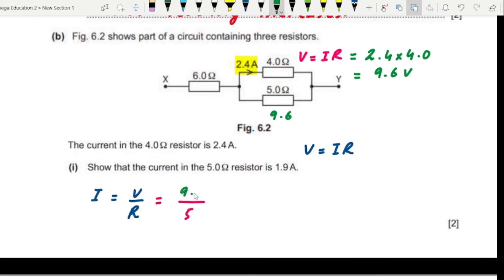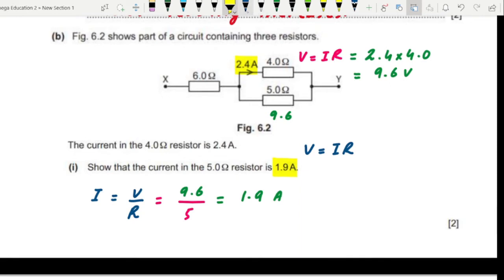So 9.6 you can write over here. Then you can hit it on the calculator, and what do we get? 1.92, and to 2 significant figures, we get 1.9, which is the same as what we had to show.